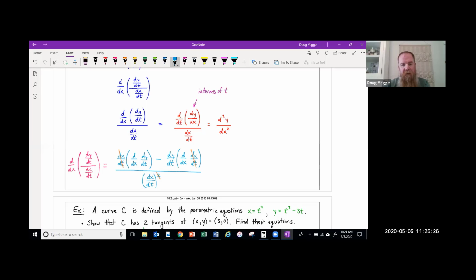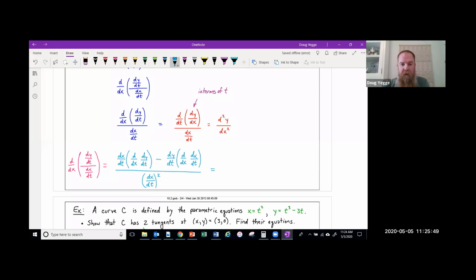So we can now simplify this a little bit more. We first of all get d/dx of dy/dt. You know what? Before we do that, we're going to look at this a little bit differently.